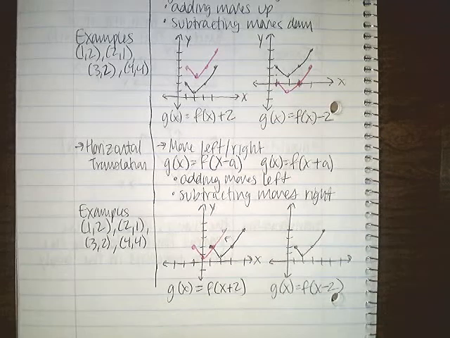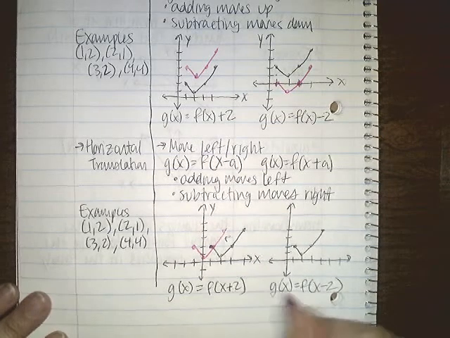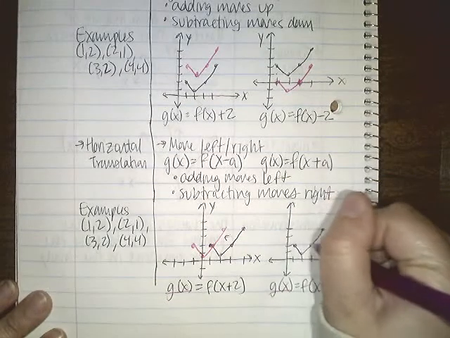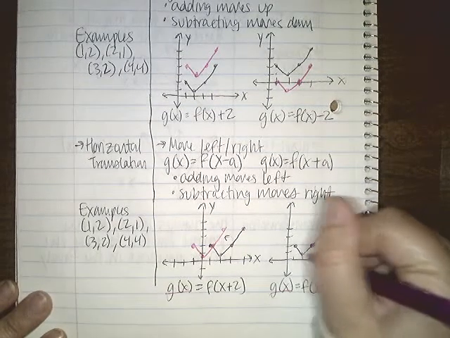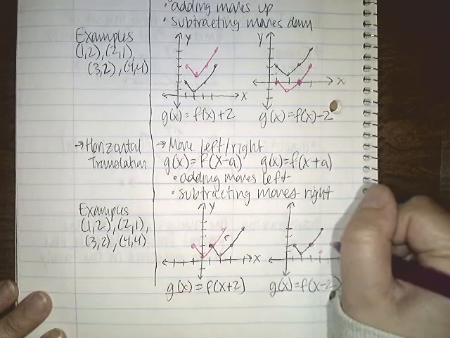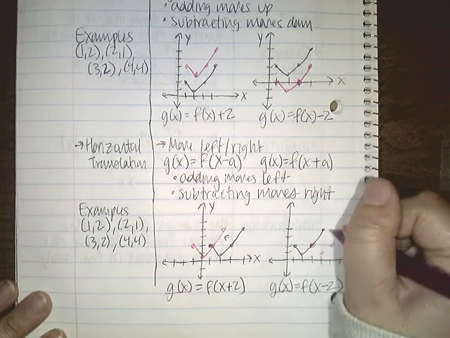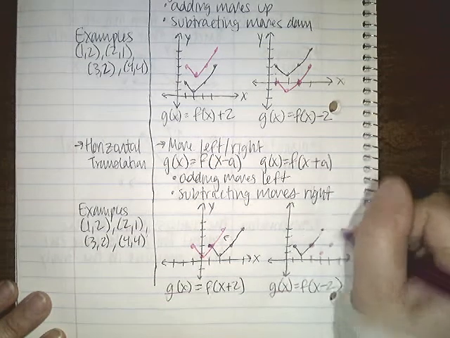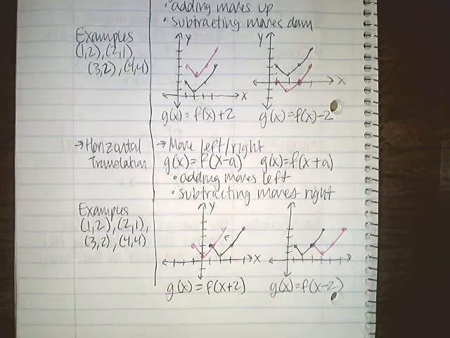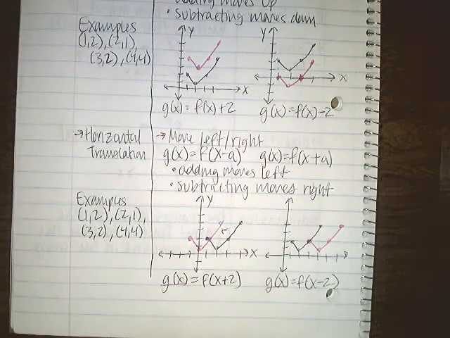And now all I'm doing to get my transformed function is moving 1, 2, 1, 2, 1, 2 to the right. So all I did to get my new transformed function is move 2 to the right. So those are translations. I'm going to flip the page and talk about reflections now.